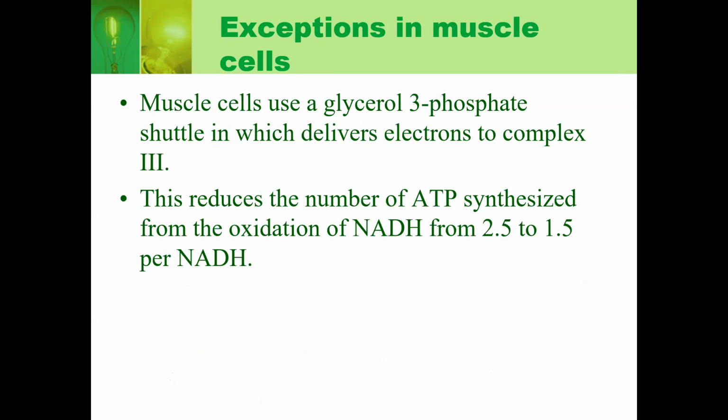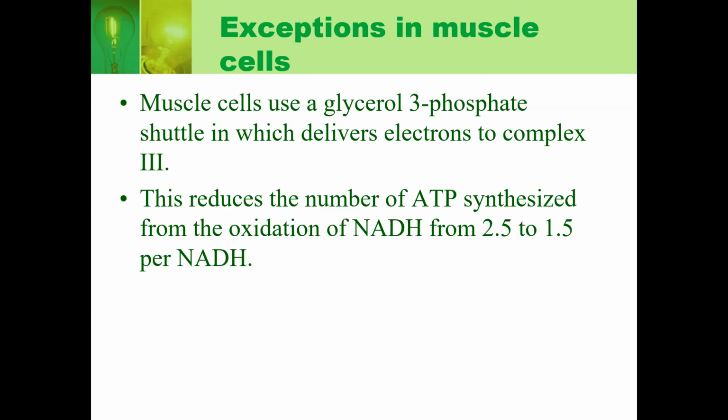Muscles use a glycerol 3-phosphate shuttle. The reason for this is that resting muscle will tend to use fatty acids or fats in general, and when they're actively respiring, they will tend to burn glucose anaerobically. That's at least the case for a fast twitch muscle. So because the resting muscle will tend to use fat, that fat will be hydrolyzed.